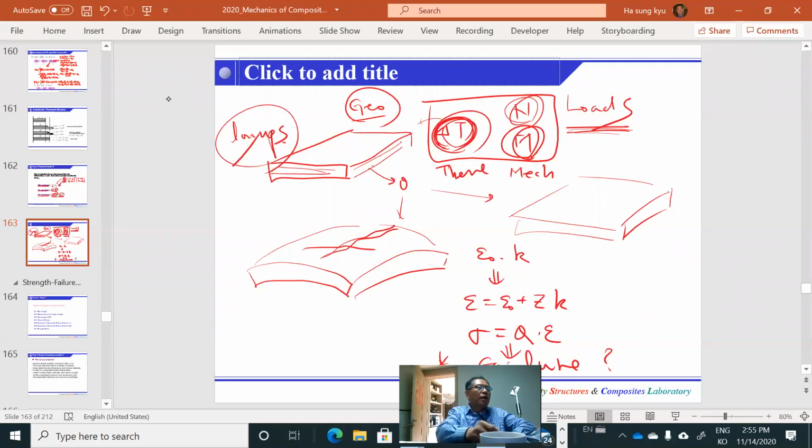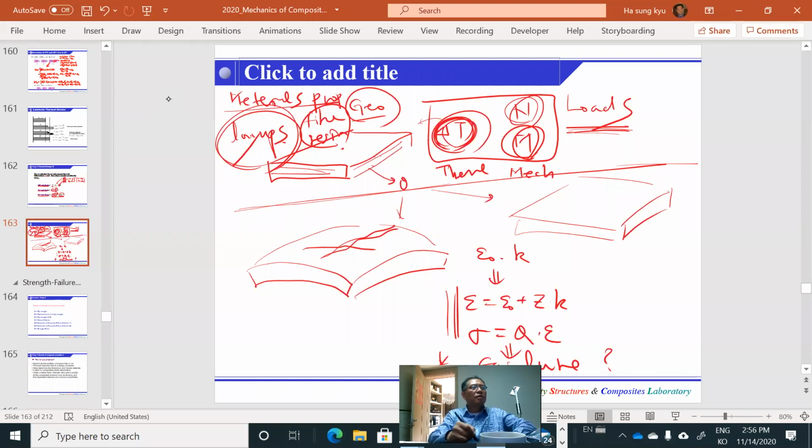The geometry is simple, and also we have material properties, fiber and resin, and all kinds of layup sequences. So this is a typical problem statement we can start with, and then we need to find how these strains are distributed.